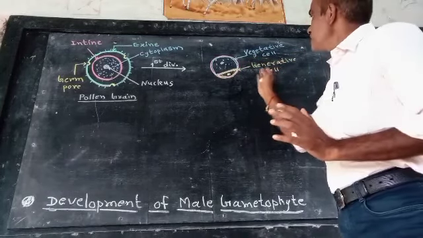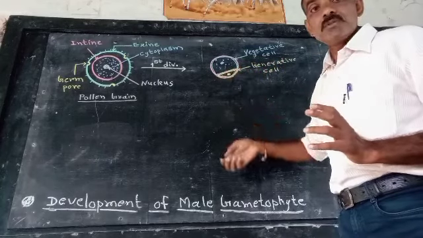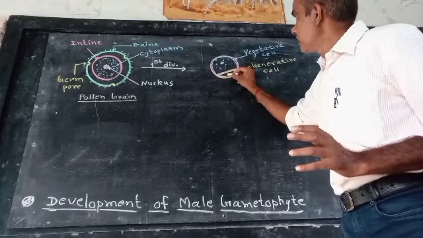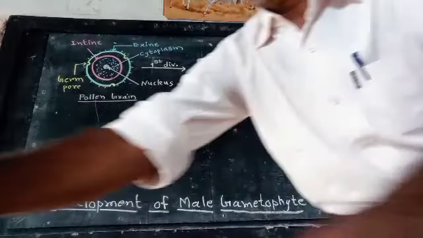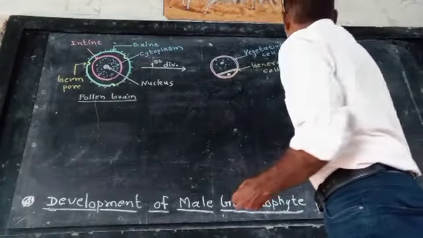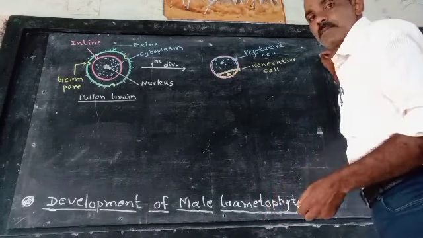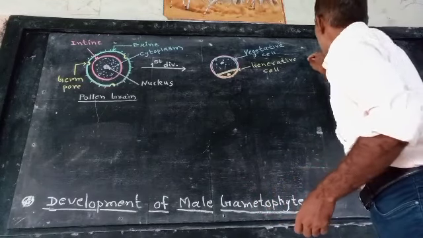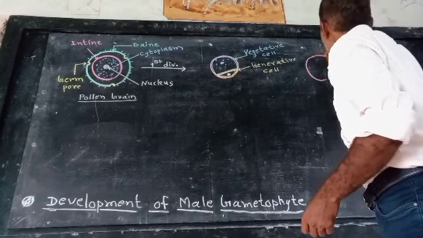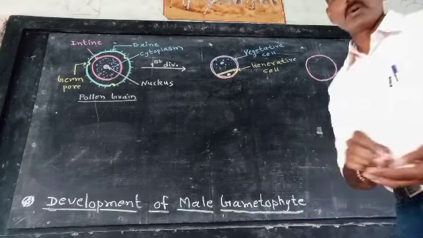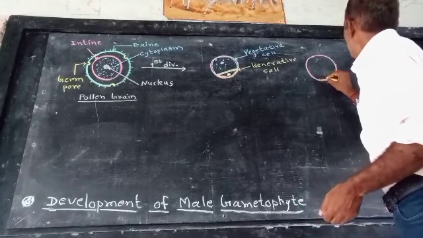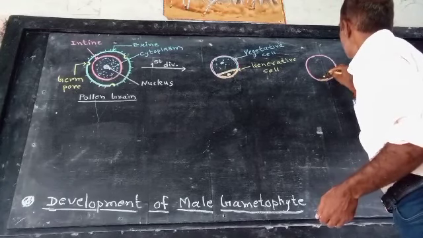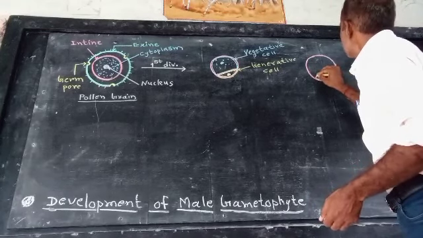Then the nucleus of the generative cell again divides, and it forms a binucleated, two-celled structure.